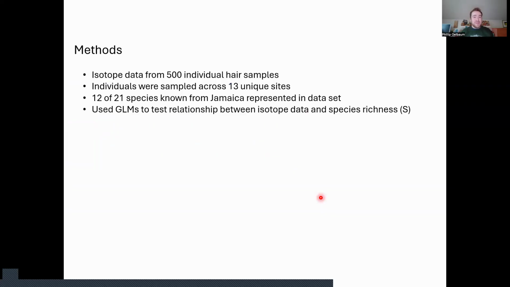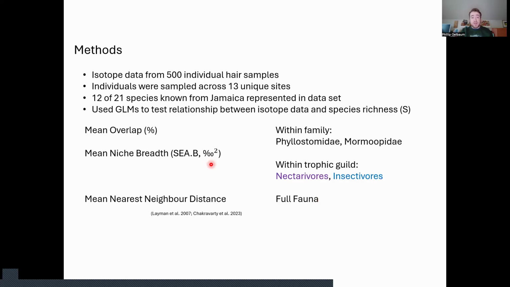Anyways, so I have isotopic data from all these bats from 13 unique sites. About 12 of the 21 species are represented in our data set. And I used linear models to test relationships between isotopic data and species richness. And the isotopic data I was looking at were three different things. So I was using mean overlap.